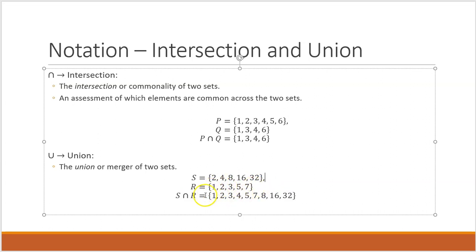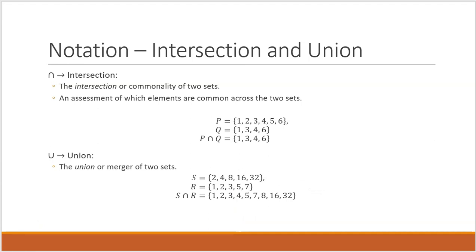So 1 appears here. 2 is common across both of them, so it still appears anyway. 3 is in R but not in S, but because it's a merger, or the union of two sets, 3 gets included. And we go all the way through until every occurrence of an item in either S or R appears in the union of S and R.